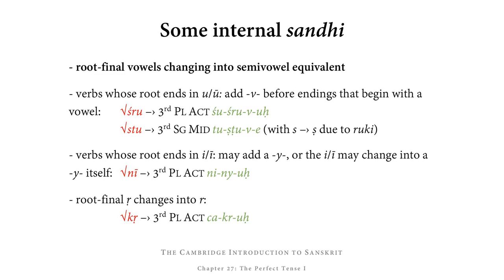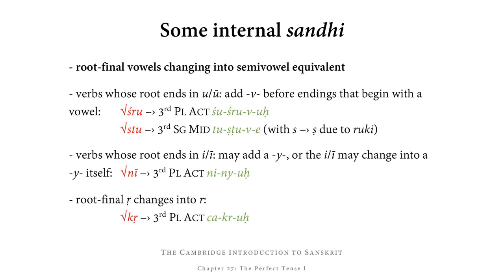So, for example, of shru, to hear, we have a third plural active form, shu, shru, wuch. Shu is the reduplicative syllable, shru is the root in zero grade, uch is the ending, w is what is added in between the root and the ending to keep both of them distinct. Shu, shru, wuch.